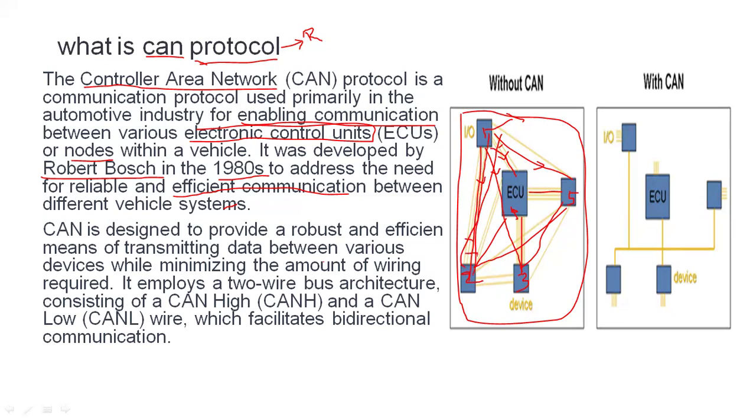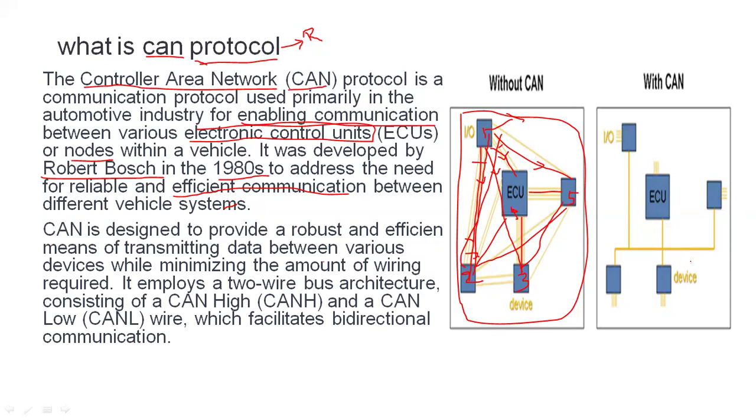Each and every node is connected through wiring like this, so the whole system is connected through the wiring system. If you break any wire here, the communication will be a problem for the whole system. That's why they invented the CAN protocol in 1980.